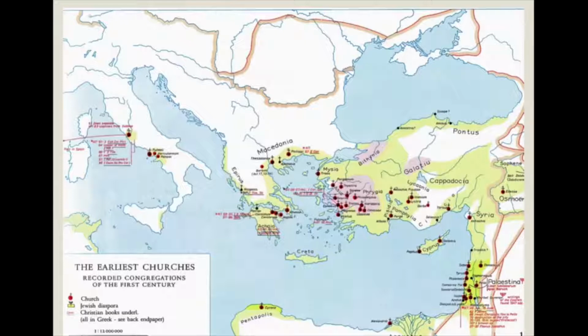And back in those days, when you were a Christian, you didn't have a New Testament yet. So the things that you had to rely on were the Old Testament scriptures, right? And that's one of the things that we'll talk about as we go through. But if you look at the New Testament, you see that the early Christians were actually trying to convince the Jews about Jesus through the Old Testament.